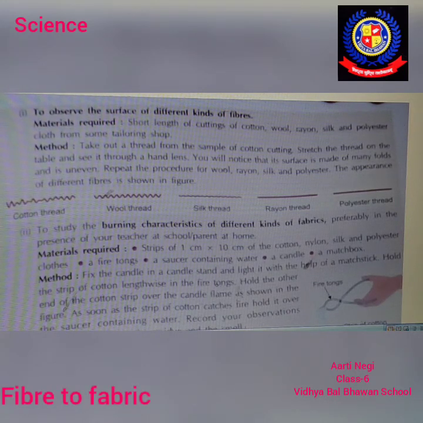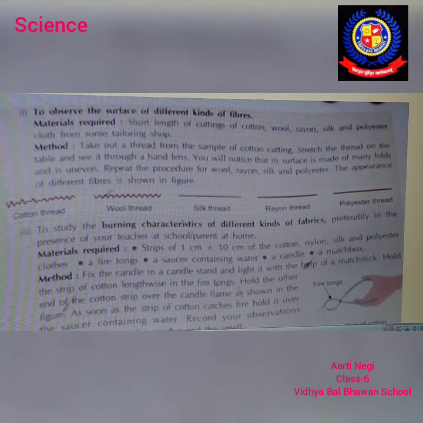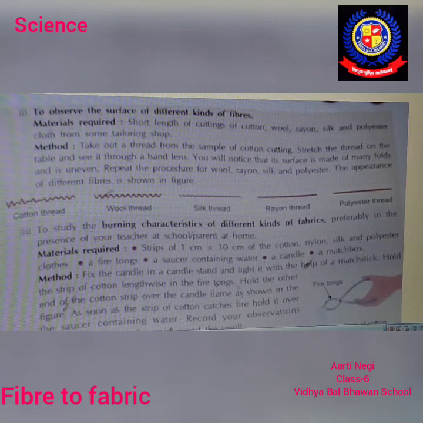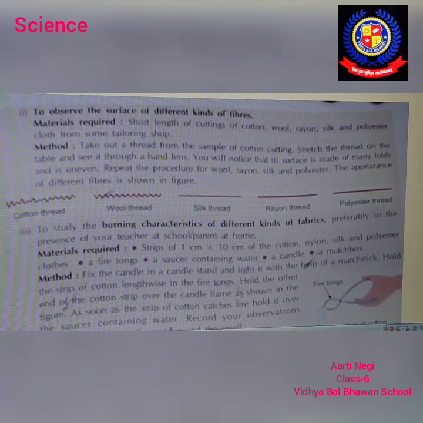First of all, take a small piece of these fibers and then take a small thread from it, and you will notice that the surface of many fibers is uneven. You can repeat this activity many times. Whenever you touch the fabric or yarn from that material, you will feel that the appearance and texture of these fabrics differ from each other.